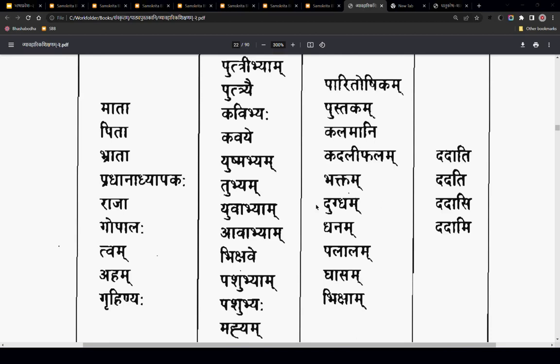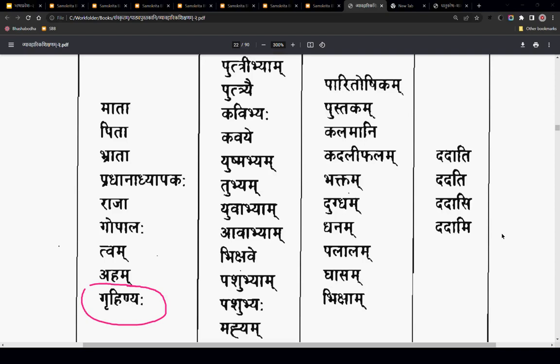Neela Bhagini, you want to do some sentence here using gruhinyah? Pashubhyah dasam gruhinyah dadasi. Dadasi, what is the purusha?